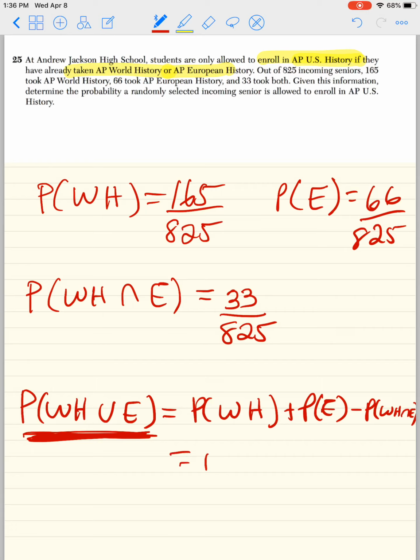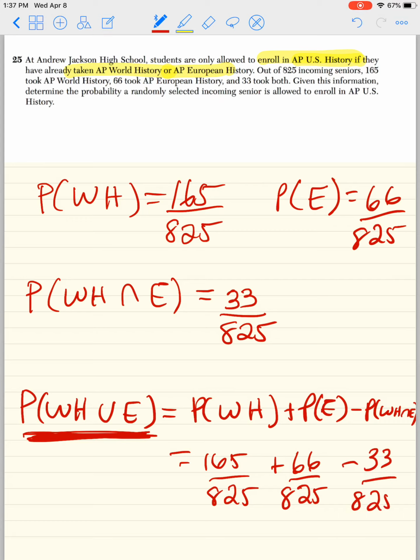So we have 165 over 825. We have 66 over 825. And then we're going to take away 33 over 825. And since they're all over 825, we'll keep that denominator. We will add those numbers in the numerator and then take away the double count, 33.